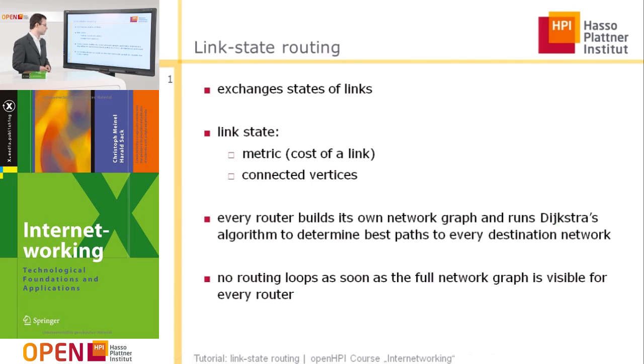Using this information, every router builds its own network graph and later runs the Dijkstra algorithm to determine the best path to every destination network. So different from the distance vector approach, in this case every router has a full map of the network, a full network graph, and therefore it can easily avoid routing loops.